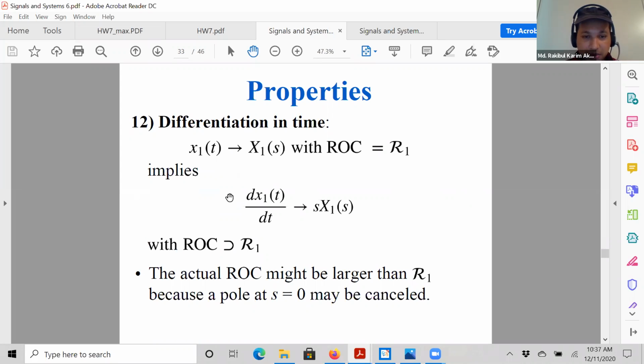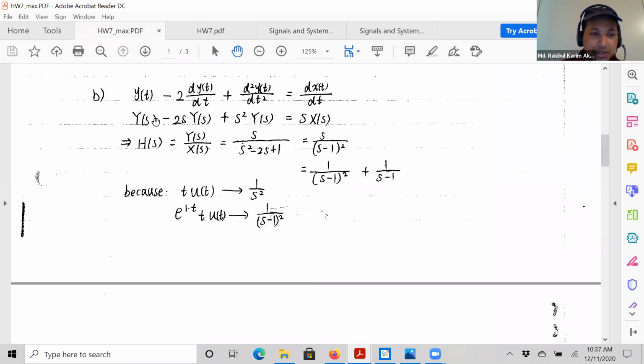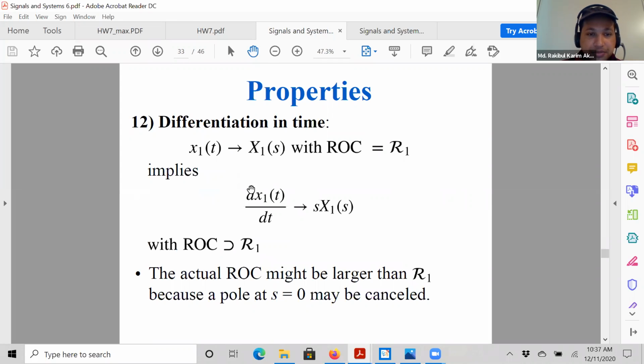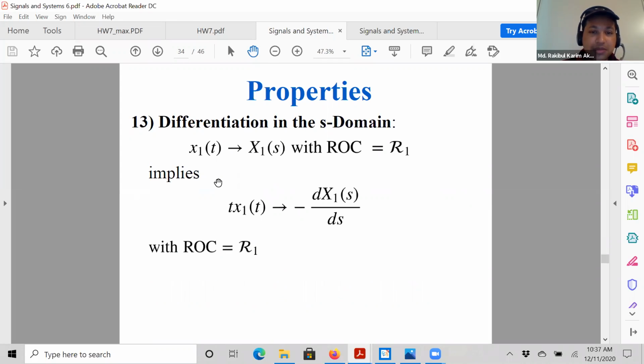This one, of course. Why do we use this? In the first line, when we solve these equations, y becomes Y(s), differentiation becomes sY(s). That property is coming from here.